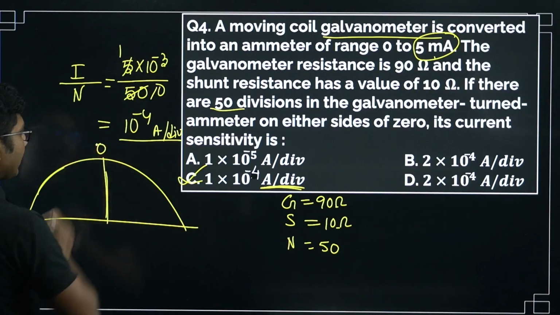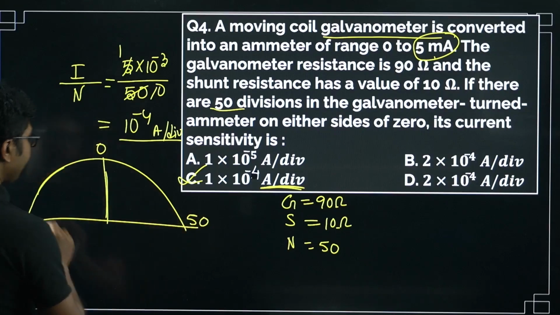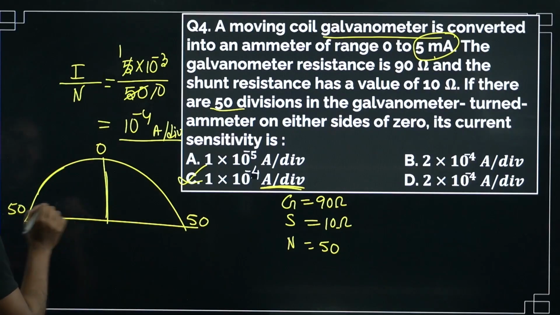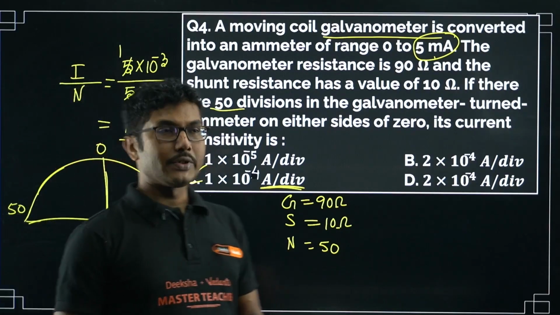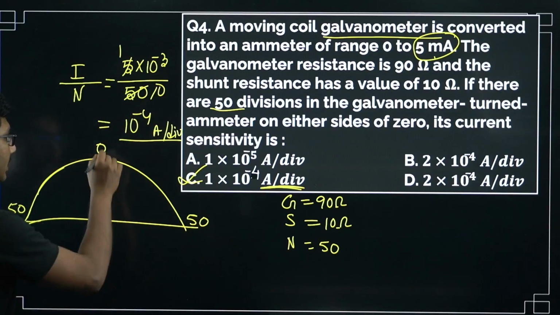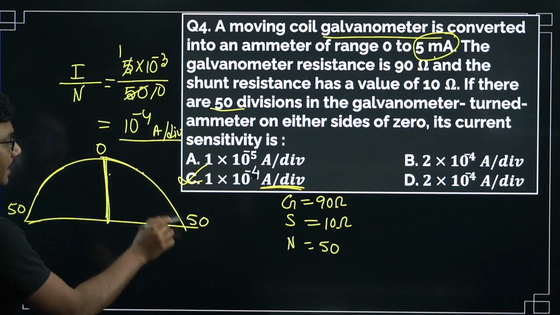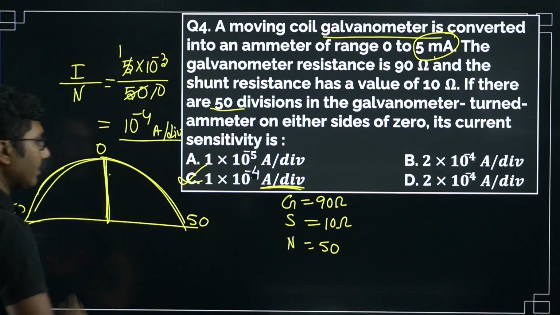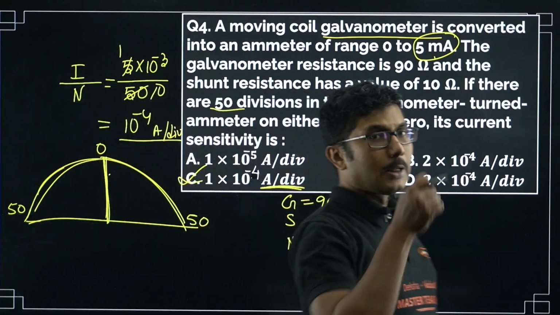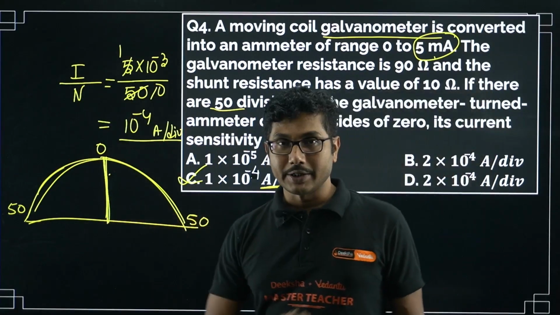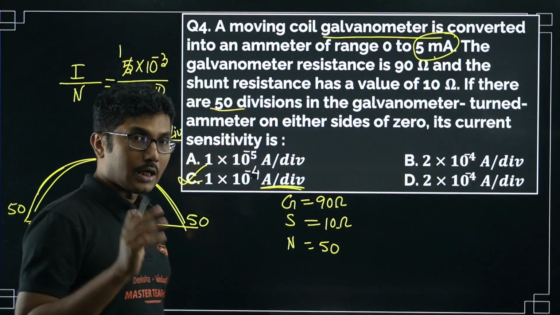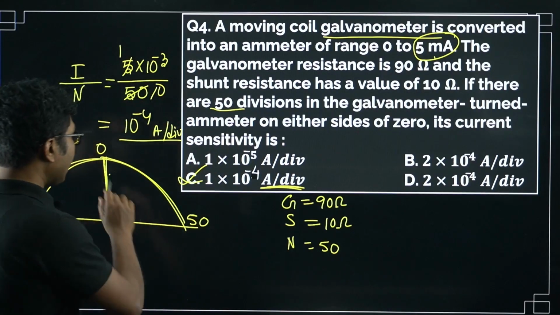So that means here we have 0, here we have 50 divisions, and here we have 50 divisions. If no current is flowing, the galvanometer will show like this. If positive, it will go in this direction. If negative, it will go in the other direction. So don't consider 50 plus 50 equals 100 over here. It will be only 50, the maximum in any one direction.